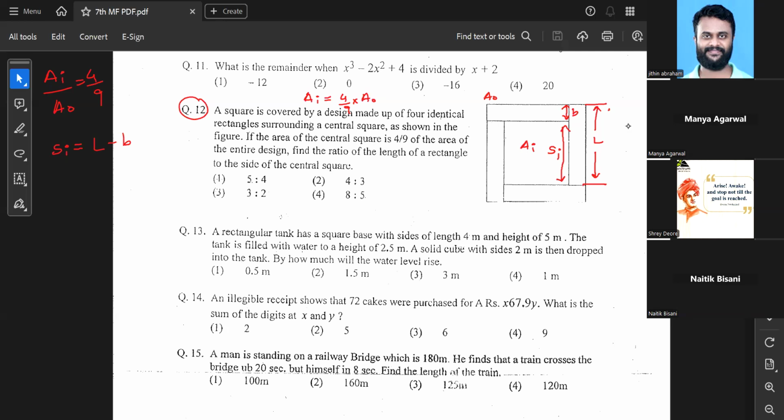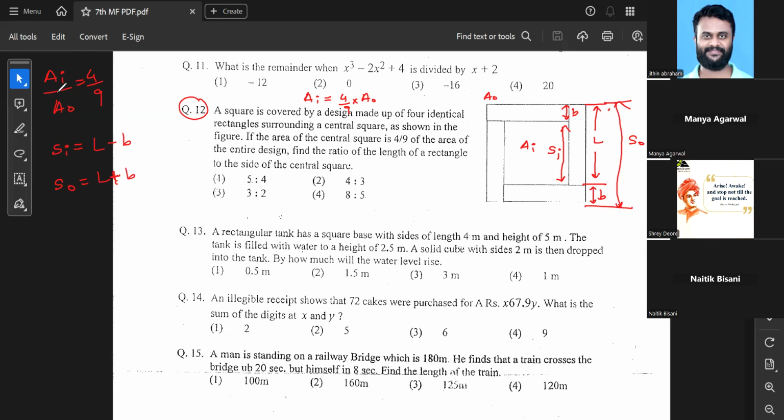Now, if you observe the outer side, this is also breadth. So outer side is length plus breadth. I hope I'm clear. Am I clear? Yes, sir. So outer side is length plus breadth.